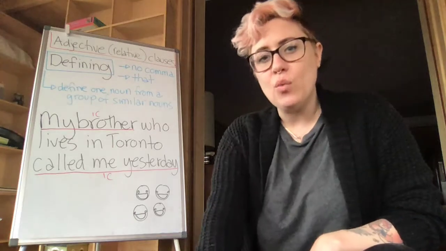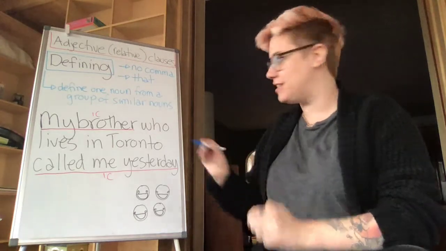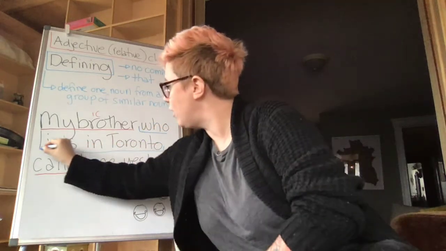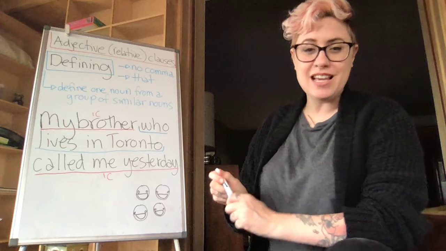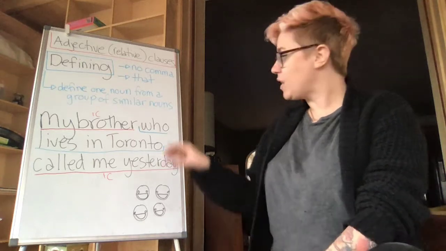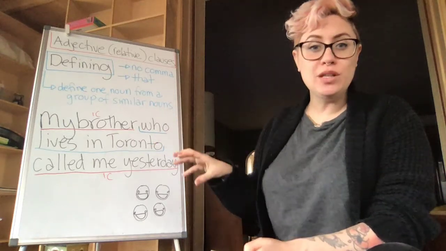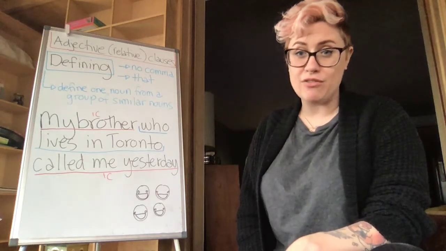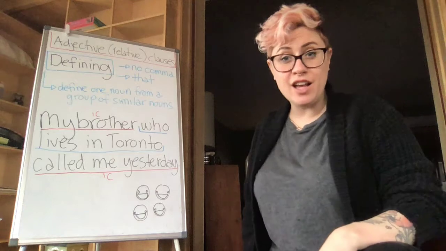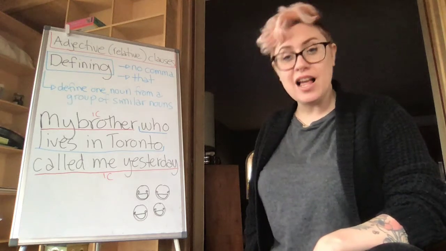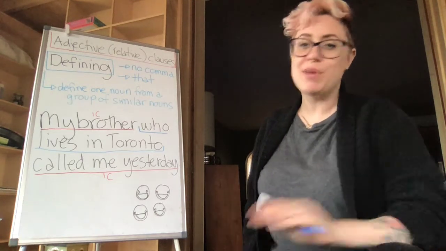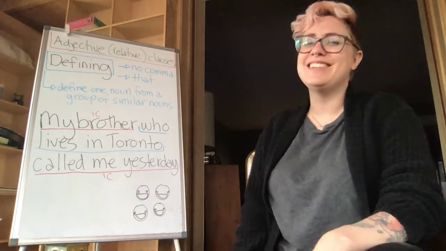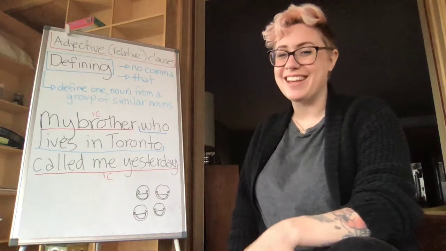So here we have our dependent clause. Our dependent clause in the middle of our independent clause is who lives in Toronto. If you removed who lives in Toronto, that does not have complete meaning by itself. I can't say, hey everybody, who lives in Toronto? Actually, I can if it's a question. But it's not a question, it's a statement, and it has no meaning alone. English is so confusing.